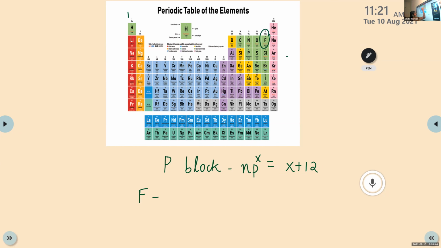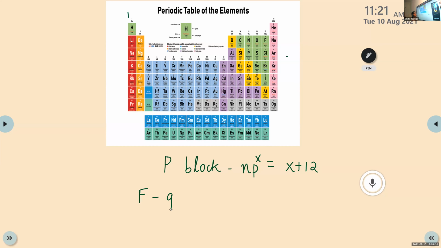Here is fluorine. It is 9, right? Starting from hydrogen, it is 1, helium 2, lithium 3, beryllium 4, then fluorine is 9.